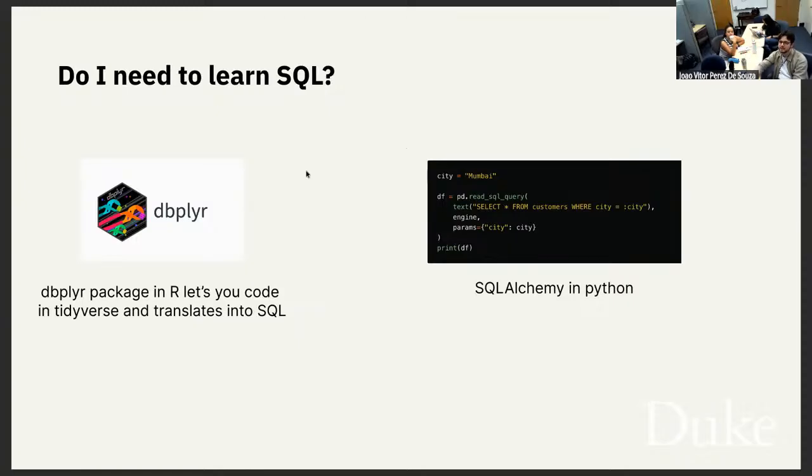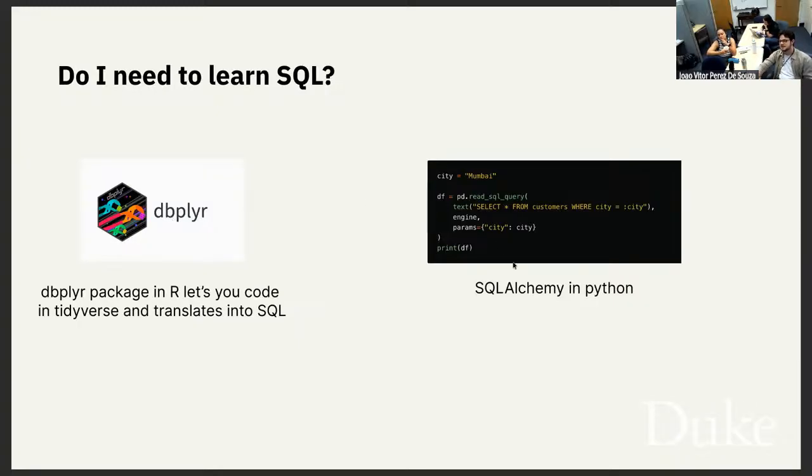A really cool package in R is called dbplyr. So it's the same process as dplyr in R, but with a database, so DB for database. You write the same code that you would do in R, and then it translates in the backend to SQL for you, and then you don't need to look at anything. But at the same time, it's good to know what it's doing, so that you can fix anything if you need to.